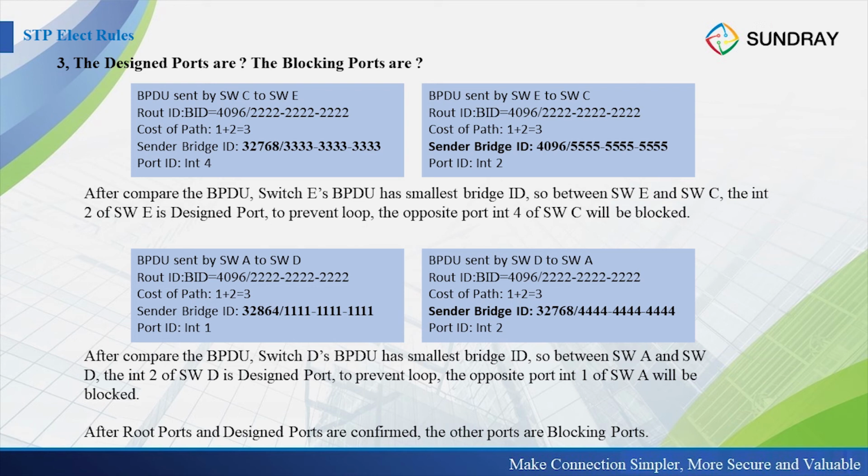So we compare the priority, and then we choose the port which connects to switch E as the blocking port. The same with switch A. After we compare these numbers, we choose interface 1 as the blocking port.